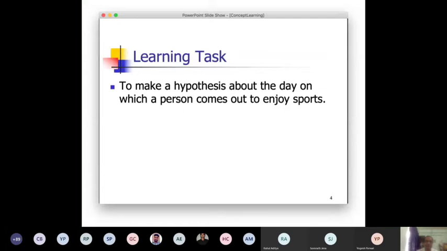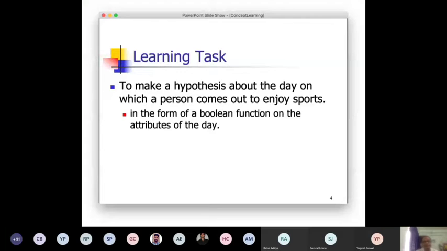For that we need to form certain hypotheses, or express it in the form of a relation, so that if you apply that hypothesis or relation, you can predict whether the answer is yes or no for the concept of enjoy sports, as I mentioned.